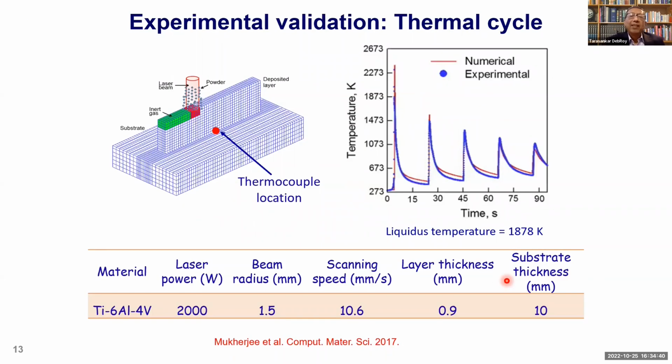So what does it provide? Let's say that I have a monitoring location and I'm building this wall using additive manufacturing. So I put a thermocouple here and I measure temperature versus time plots. See the type of peak and valley that we get in this. So that is the thermal excursion that one can predict using these mechanistic models.